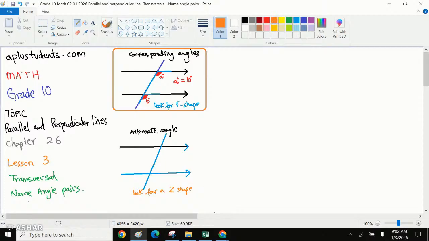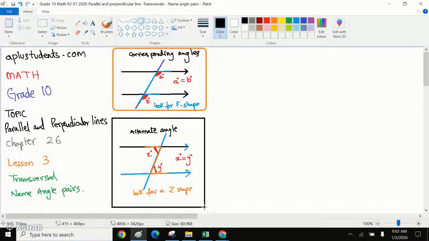Where we can see a Z formation, we can say this line and this line over here, that means this angle and this angle would be the same. If I say this angle was X and this was Y, we can say angle X is equal to angle Y because they both are alternate angles. So we have an idea now what alternate angles are and what corresponding angles are. There is only one more type. Let's look at that type.